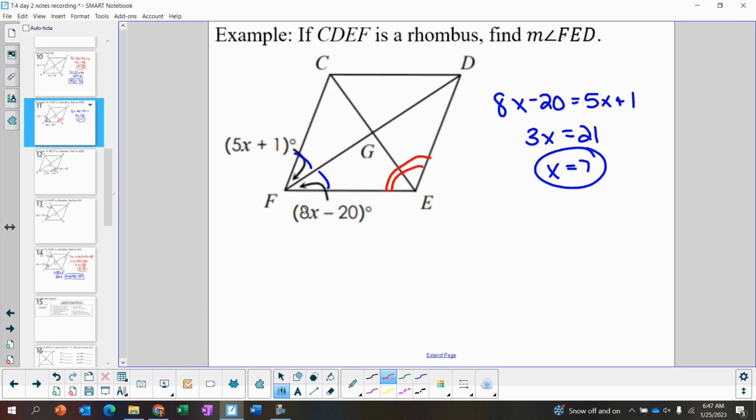So if I know this whole angle here, and take it away from 180, that'll give me this whole angle here. So let's put 7 in. So 5 times 7 plus 1, 35 plus 1, is 36. Meaning this whole angle is 72 degrees. So 180 minus 72. So you could say that the measure of angle FED is 108 degrees.